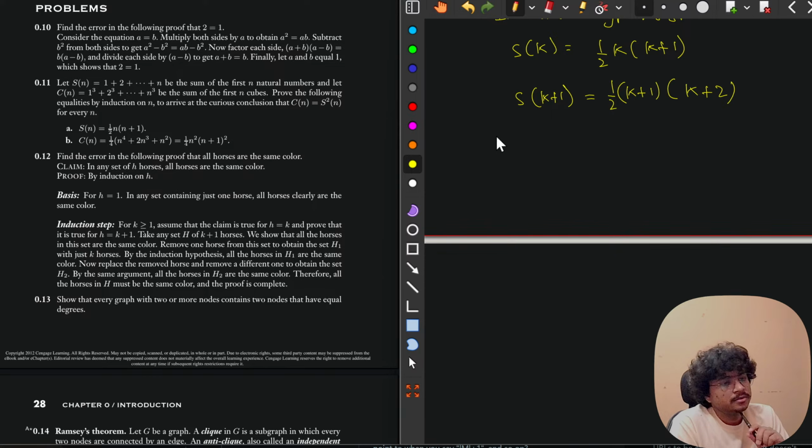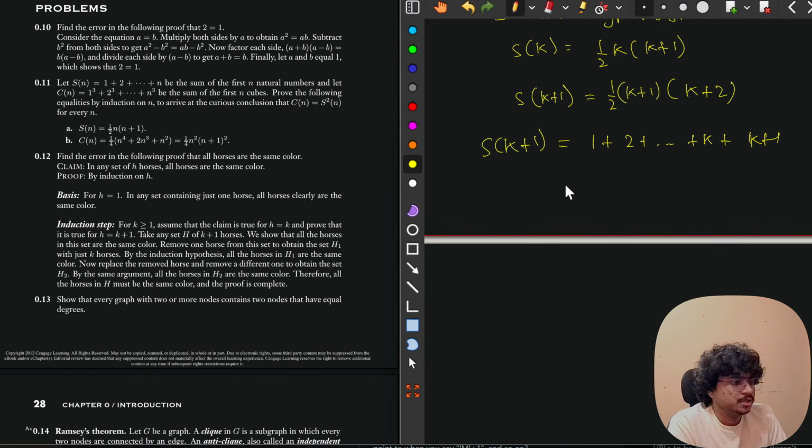We have to write this function in the form of this function. If I go to the basics, this will be equal to 1 plus 2 plus till k plus 1, right?